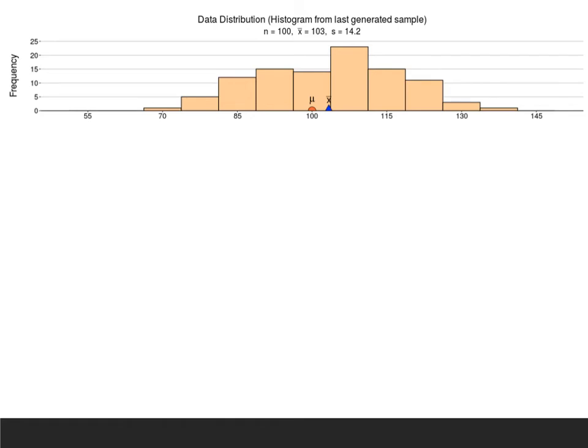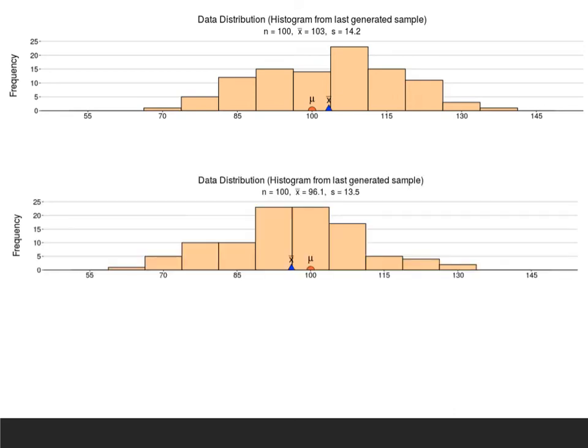Now, if we also take a look at another one here, just for comparison's sake, this one has a sample. Whoop, I picked the wrong one. Let me try again. 2. There we go. This one has a sample mean of 96.1 and a standard deviation of 13.5.